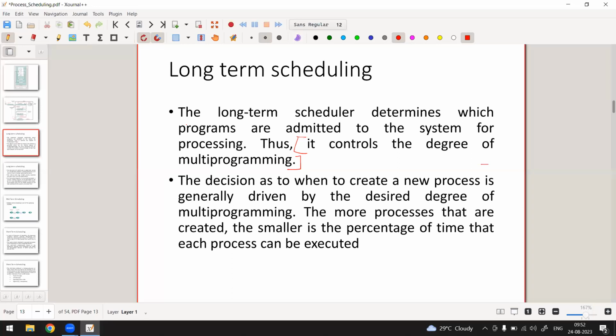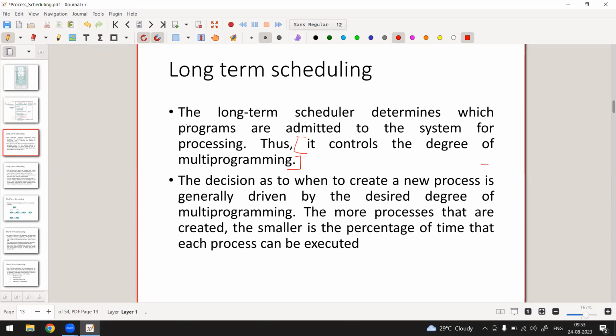What is the meaning of degree of multi-programming? Basically, degree of multi-programming means the number of processes active in the system.